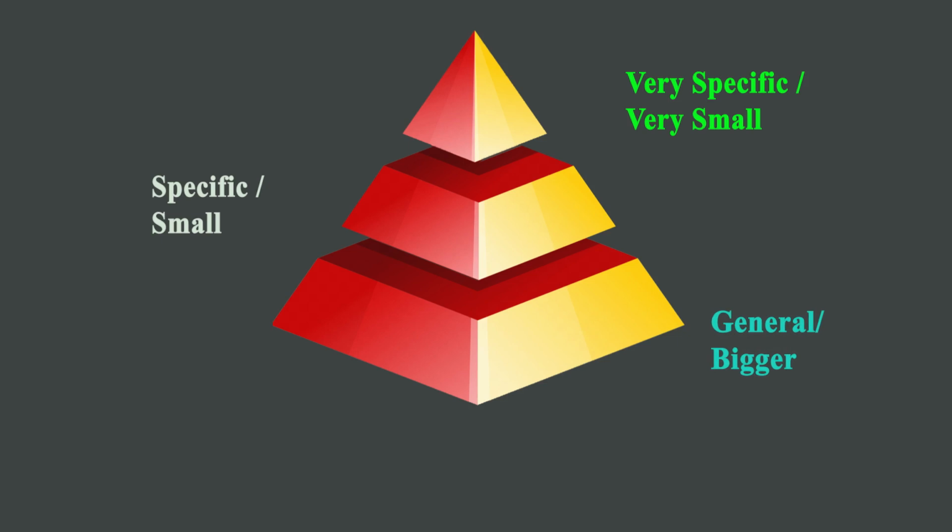When it is very specific or very small, we use preposition at. When it is specific and small, we use preposition on. And this time, for general and bigger, we will use preposition in.